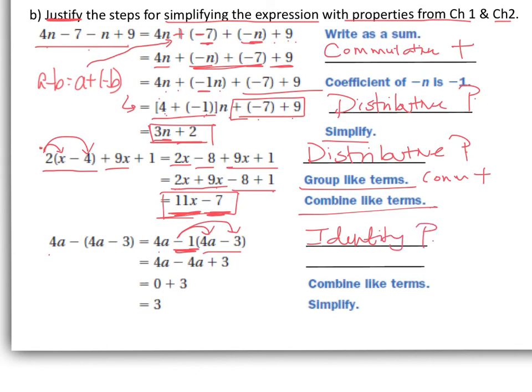Okay, and I'm going to use the distributive property. Negative 1 times 4a gives me negative 4a. Negative 1 times negative 3 gives me positive 3. Now I can combine like terms. 4a minus 4a is 0. Copy the positive 3. 0 plus 3 gives me 3.